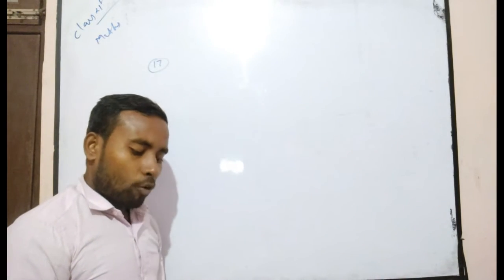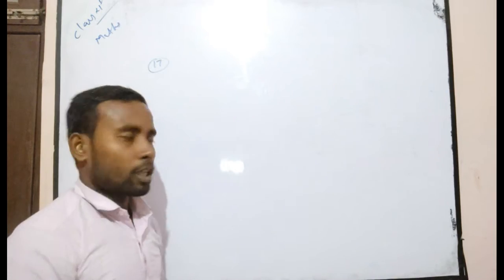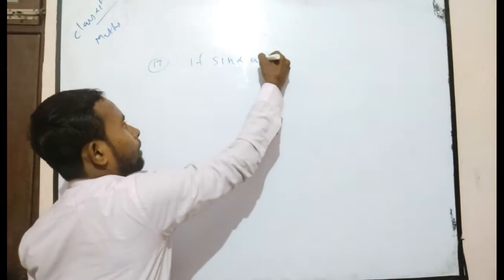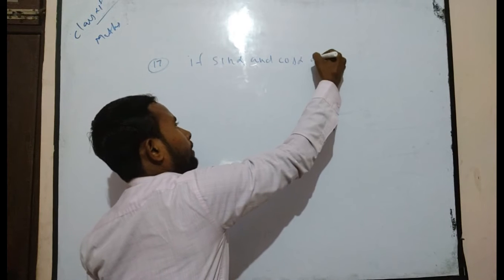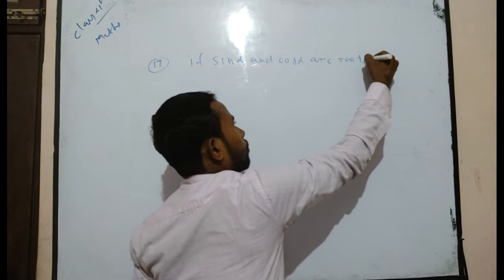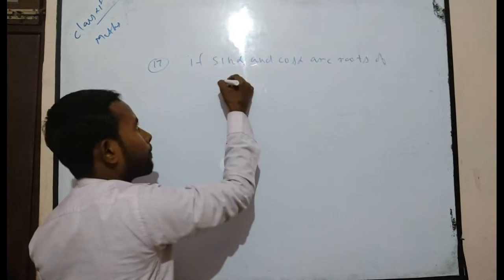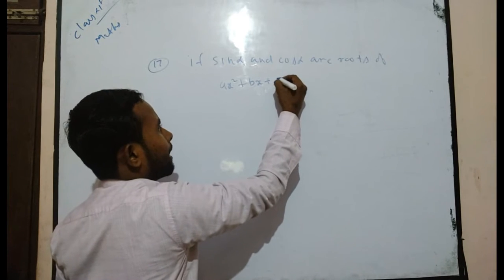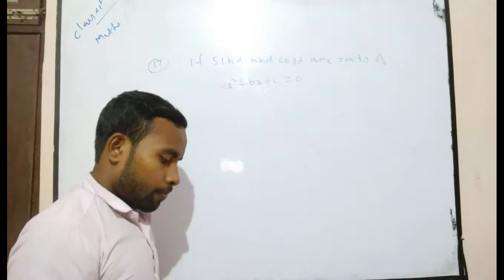In this problem it is given that sin alpha and cos alpha are the roots of ax square plus bx plus c is equal to 0.